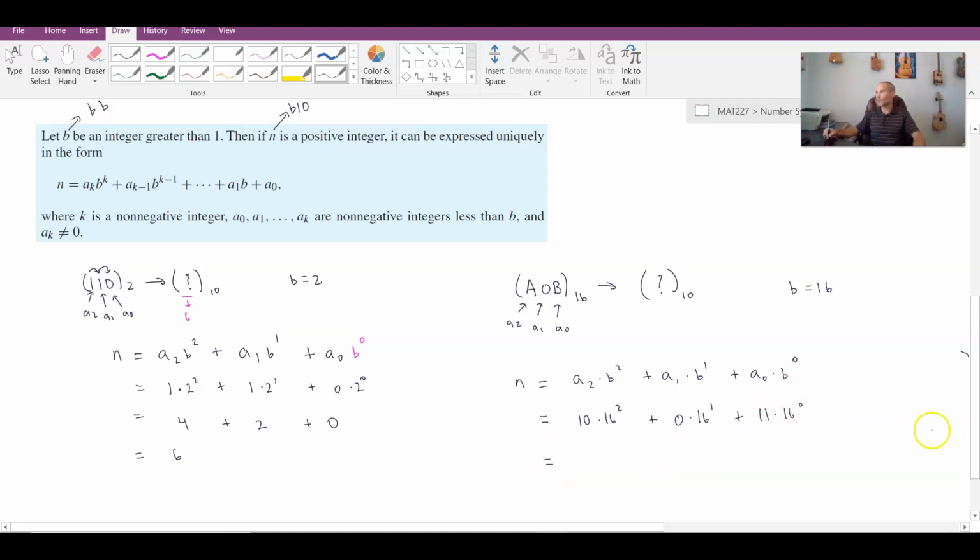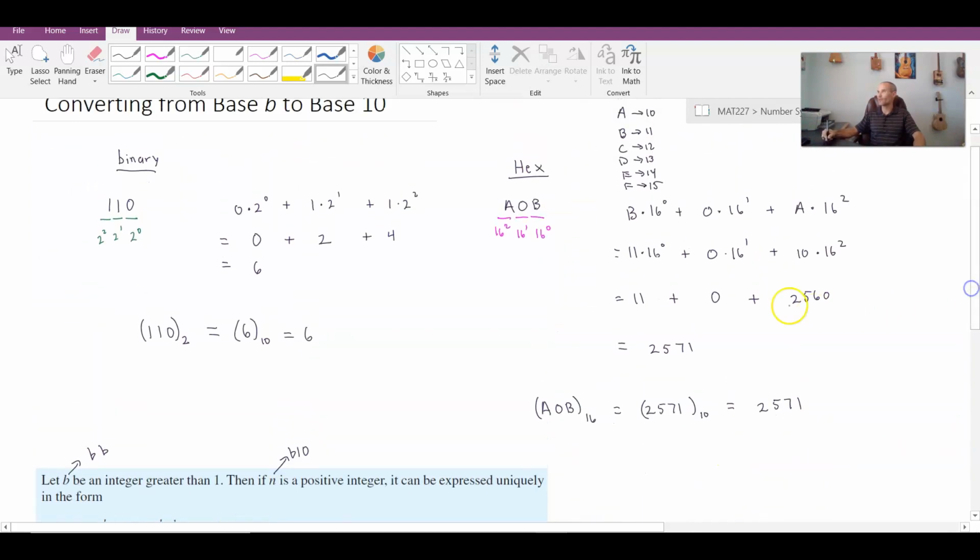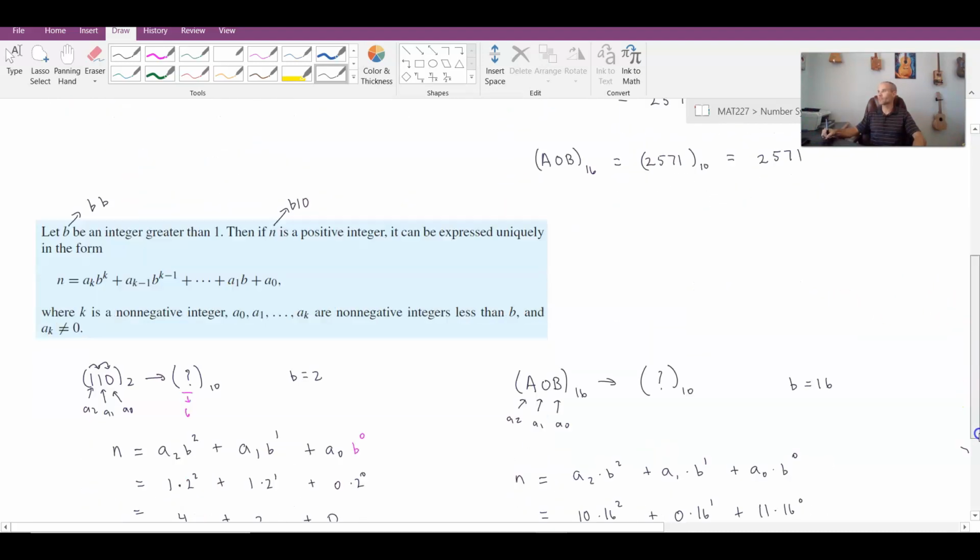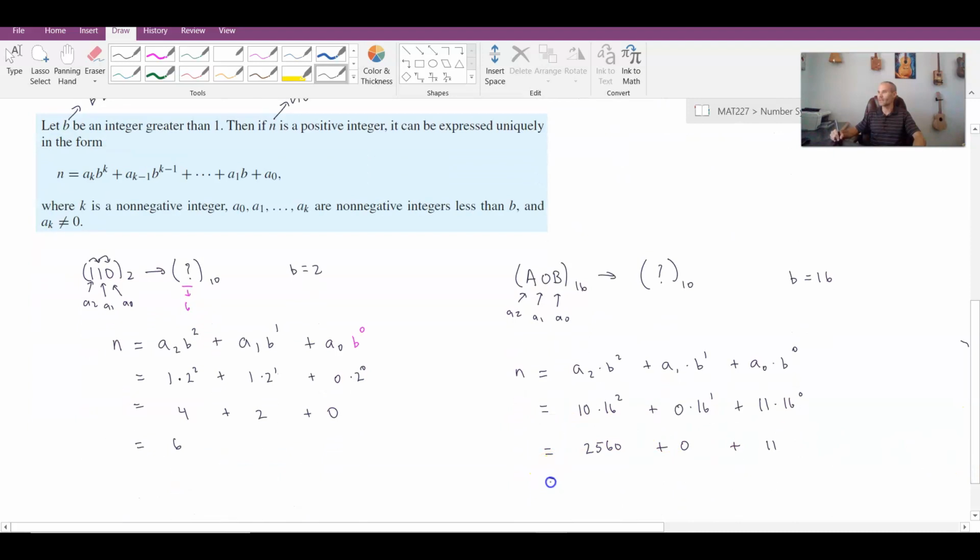And so this is where we came up with our 2,560 plus 0 plus 11. And notice again that that's just the same thing we came up with here, just in descending instead of ascending order as we've done. So 11 plus 0 plus 2,560 comes out to 2,571. And so once again, this number here in base 10 is 2,571.